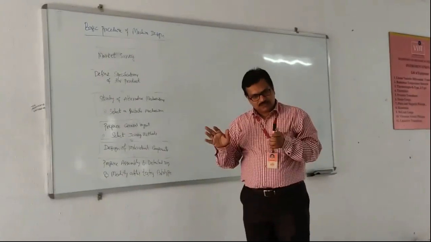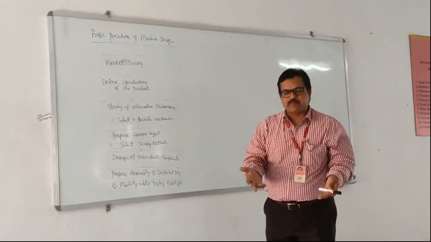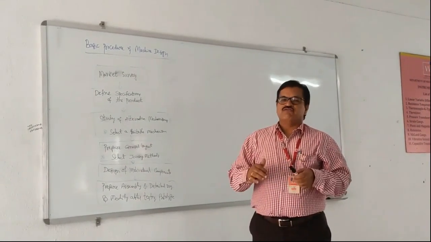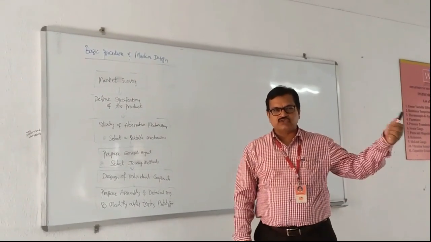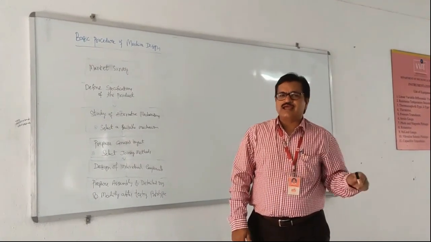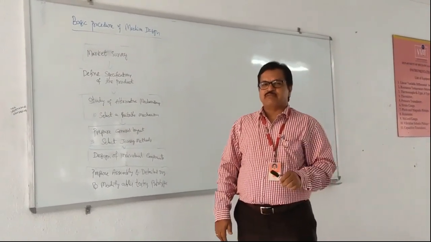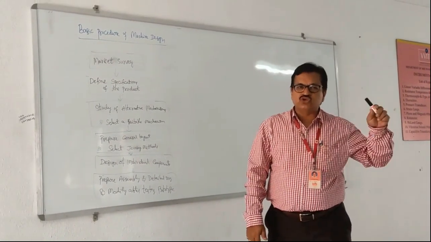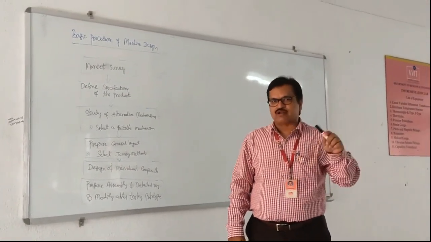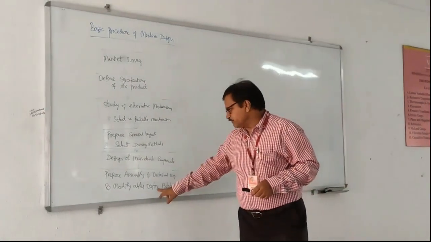A prototype is the machine which is first made and tested in the factory conditions, so that we know before launching into the market whether this machine is running according to the functional requirement, and whether this machine is going to last for the number of hours, that means it has good life or not. All these things are tested.